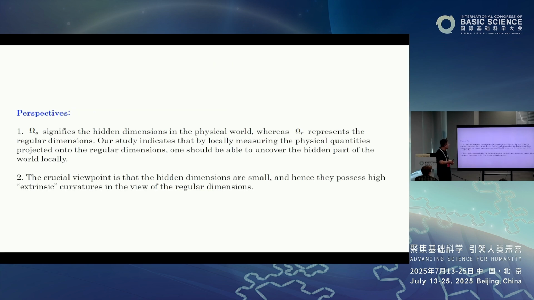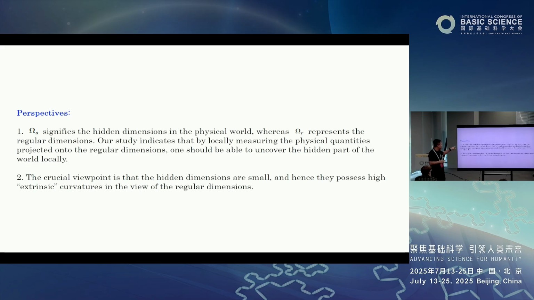All right. So now here is our perspective. From the mathematical physics point of view, this Omega_s signifies the hidden dimension in the physical world. It's a small dimension. And this Omega_r represents the regular dimensions.